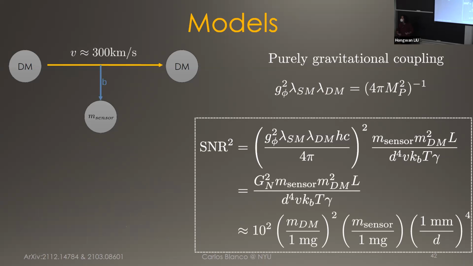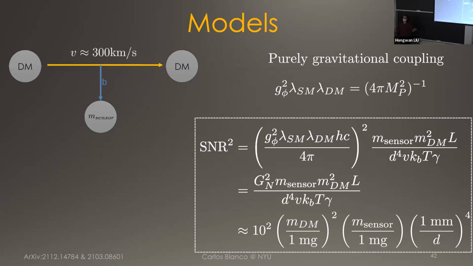So for purely gravitational coupling, it turns out the mass of the dark matter needs to be about 1 milligram, and the mass of the sensor also about 1 milligram to get very visible tracks. But that was kind of surprising, right? Because that's not terribly impossible, right? And that's kind of the nightmare scenario for dark matter. So the thing that we were approached with was, what other dark matter models can you build that would be visible to such an array?